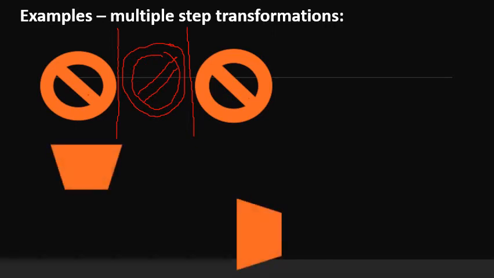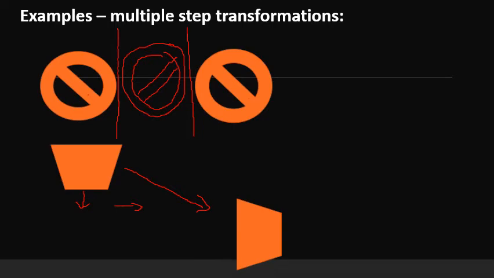Here we've got a trapezoid that's upside down, or trapezium, I should say. I could say that it's been translated vertically, then translated horizontally, and then rotated 90 degrees anti-clockwise. Also, I could just say that it's been translated diagonally and then rotated 90 degrees anti-clockwise.